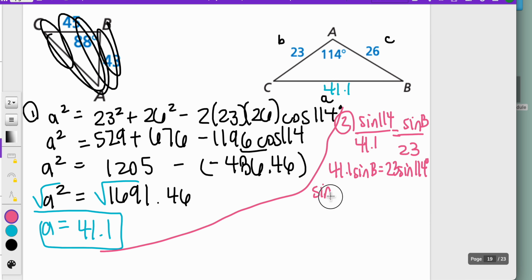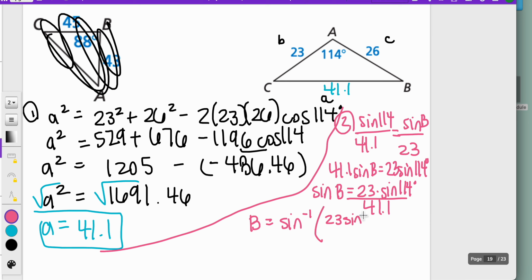So the sine of B can be found by taking 23 times the sine of 114 degrees divided by 41.1. Since we don't know what B is, B can be found by taking the inverse of sine times this expression, 23 times the sine of 114 degrees all over 41.1. That is going to give you B is equal to about 30.7 rounded.